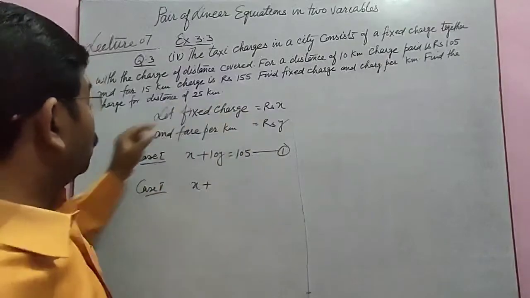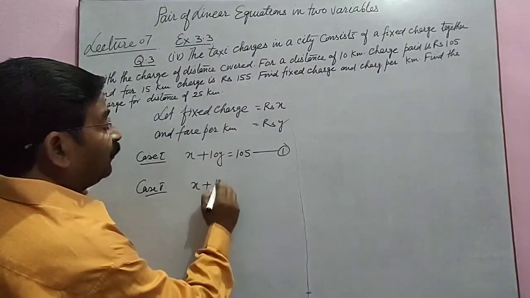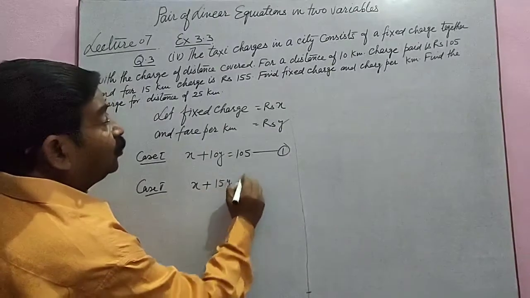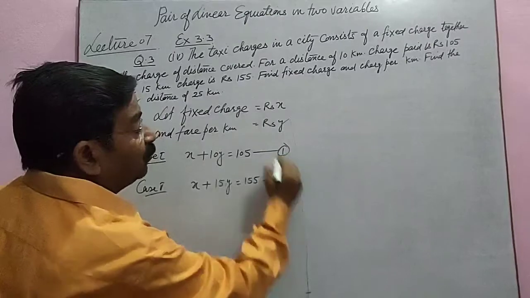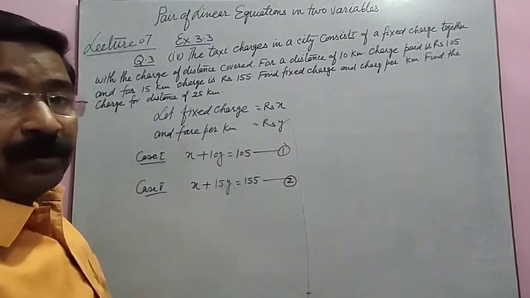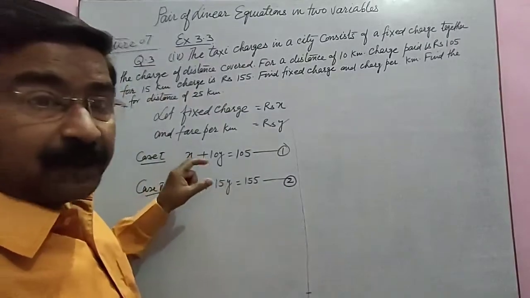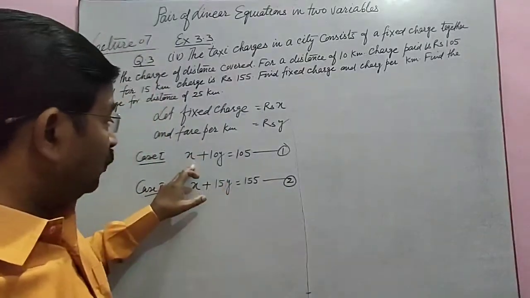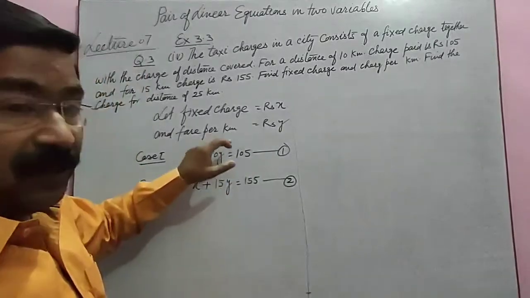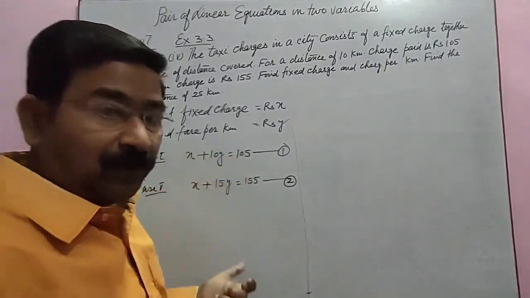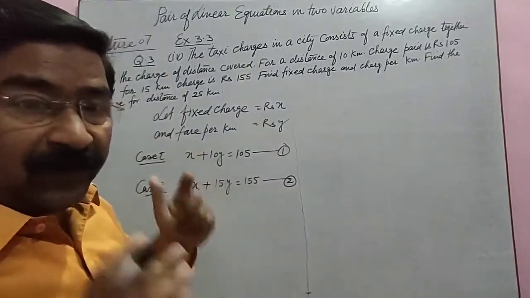Then for 15 kilometers it is 15Y and the total fare is 155. Equation number 2. Now you will have to solve the equations by the substitution method. Get the value of X from equation number 1 or 2, substitute in the other equation, you will get the value of Y and then substitute and get the value of X.